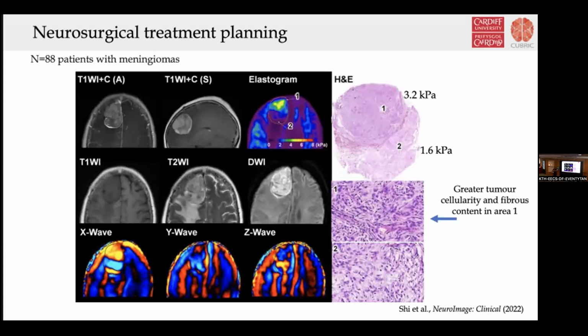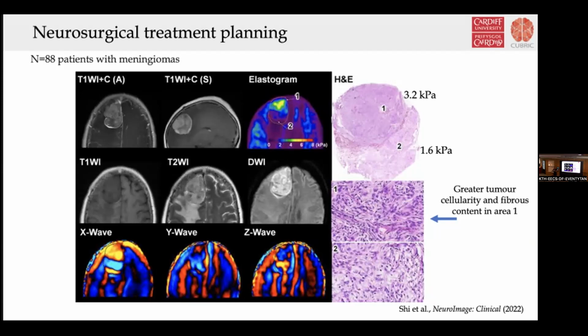This is really interesting because you can see a grade 1 meningioma in the right frontal lobe, and you can see two distinct areas. The contrast on these images doesn't distinguish any part of that tumour as being different from the other. But MRE instead indicates this tumour heterogeneity.